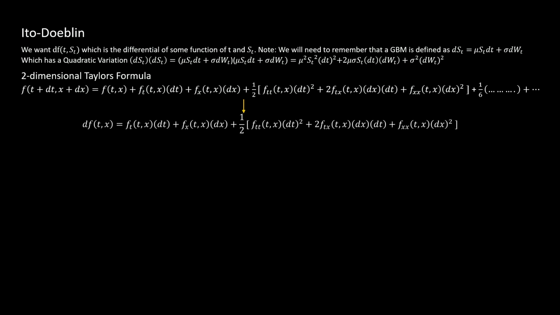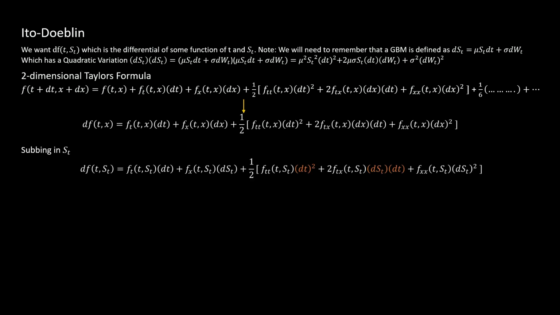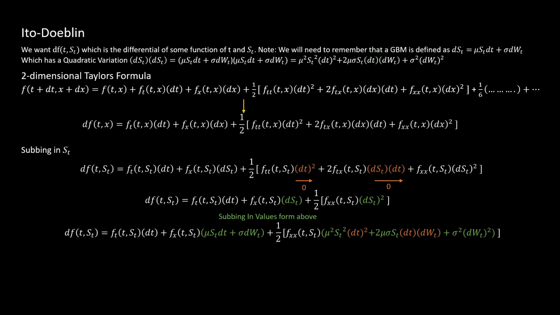We are now going to sub in our geometric Brownian motion and simplify. If you remember previously, the dt squared and the dS dt quadratic variations were both 0, so both these terms go to 0. Then, looking at how our geometric Brownian motion was defined, and using the kind of informal quadratic variation, we can sub these values in to get the following formula.